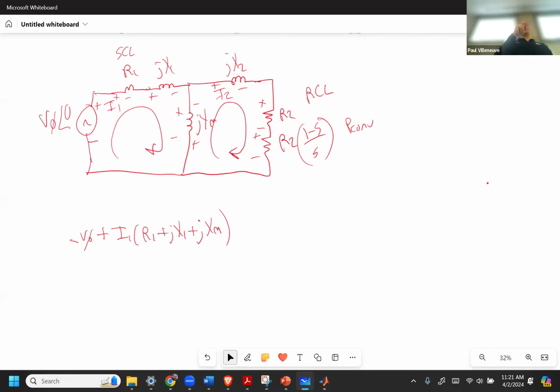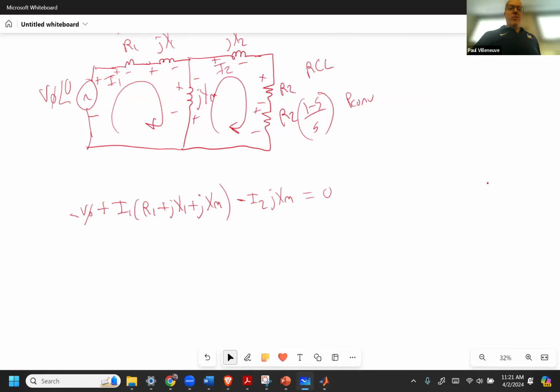That's all the voltage drops because of I1. But don't forget, I have a negative voltage drop because of XM. So that's minus I2 times jXM. That's going to equal 0. That's my first loop equation.